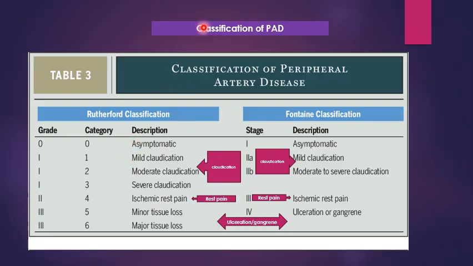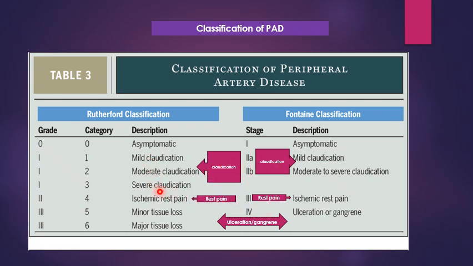Now, how do you classify peripheral arterial disease? This is a simple classification by Rutherford and Fontaine, the two classifications normally used. Basically, it classifies the patient into main categories: asymptomatic; then the symptoms of claudication, where the patient develops pain on walking.